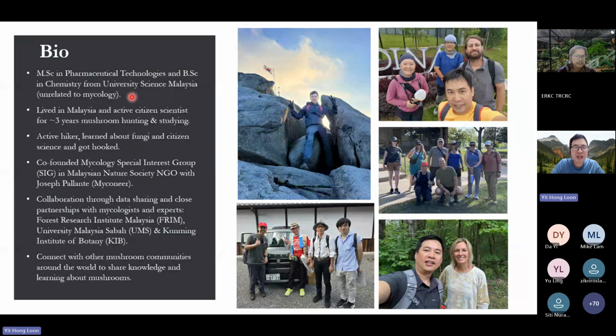I'm lucky enough to have met a few mentors. They are mycologists, experts in fungi, and they guided me a lot. They shared a lot of knowledge and experience with me.